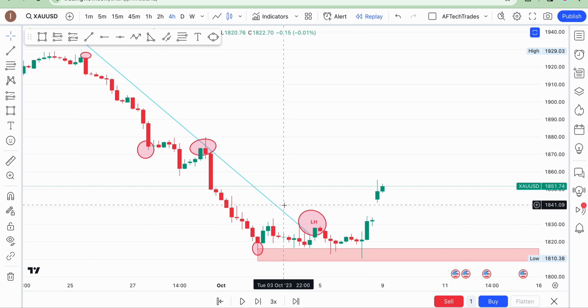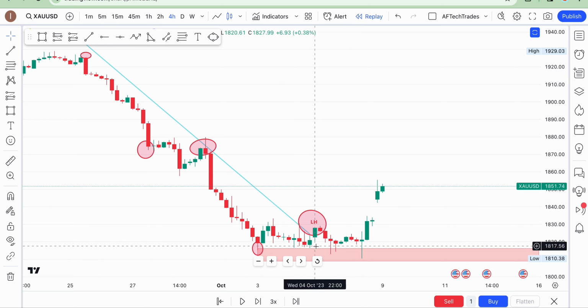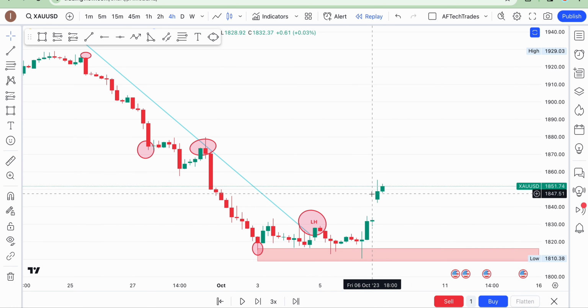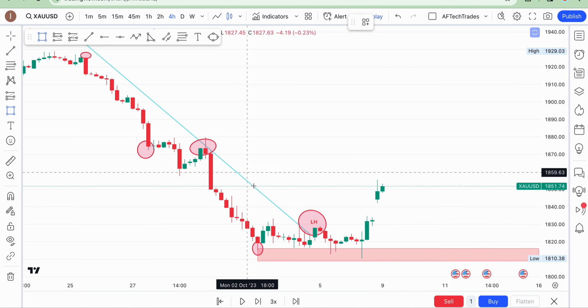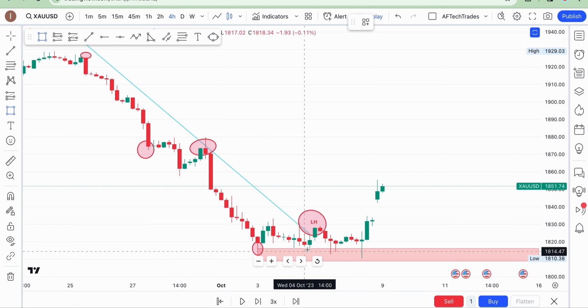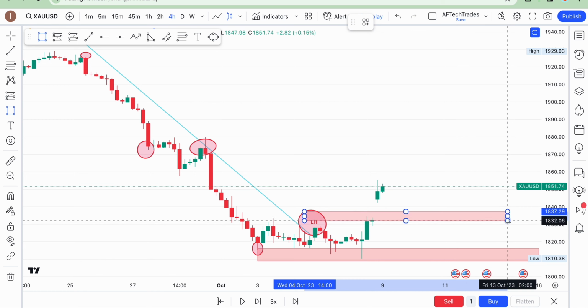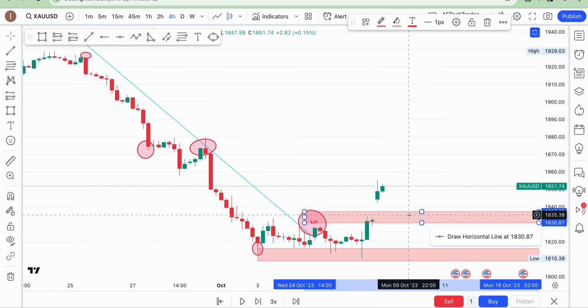And here was the last lower low it formed, right? It couldn't pass through this place before it went up and broke it, right? So you just mark out your zones: this was our previous lower low and here was our previous lower high, right? Our previous lower high was around this side.